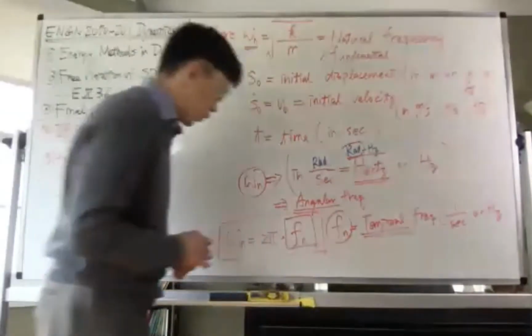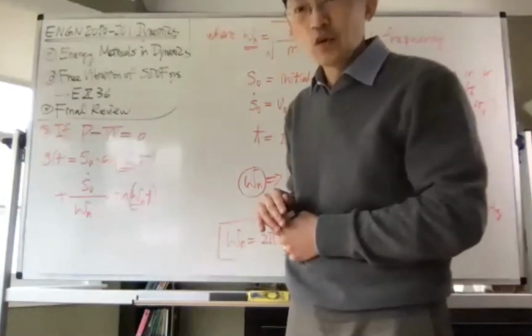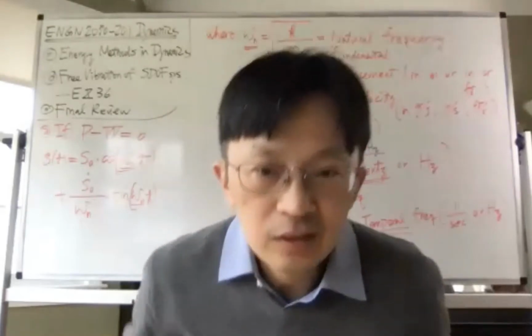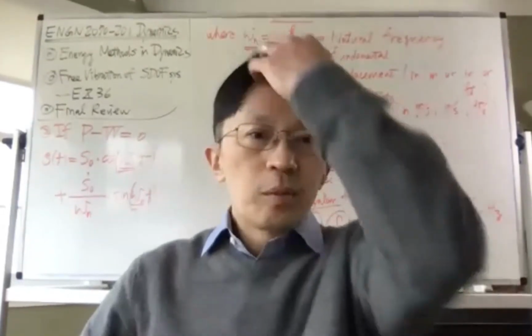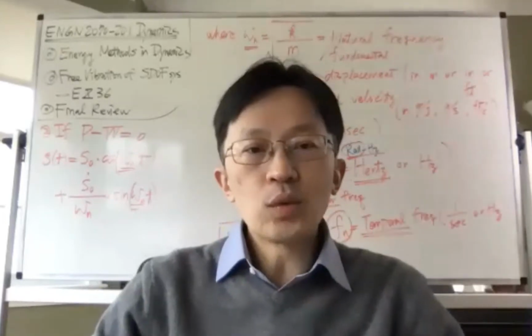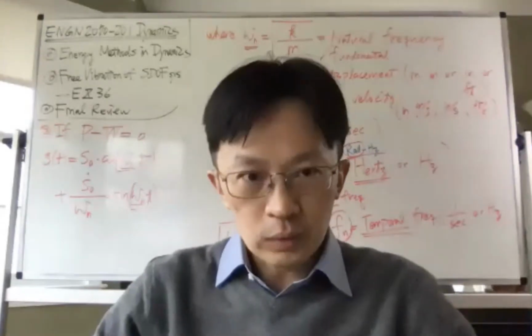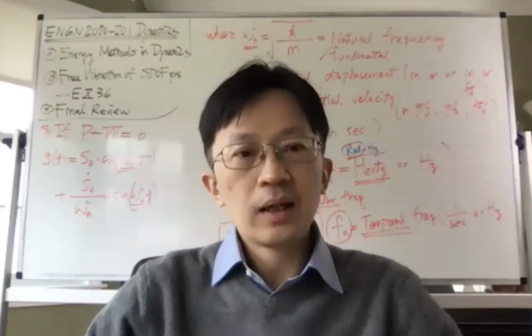Okay, now I'm not sure if we have time for the final review, but I can just briefly walk you through the process in here. Remember from the very beginning, we started with an introductory overview saying that dynamics is comprised of two major components.